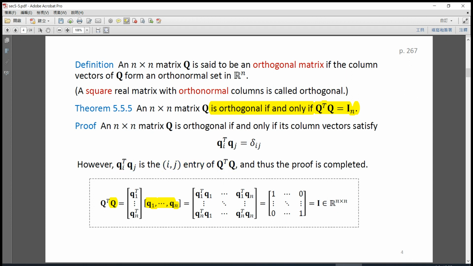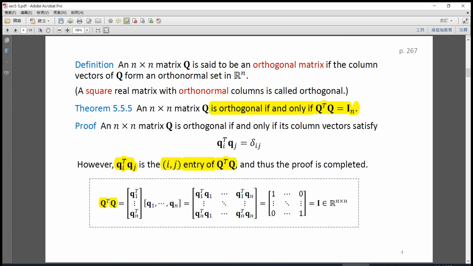Because the ij entry of Q transpose Q is the ith row of Q transpose times the jth column of Q, which is Qi transpose Qj.